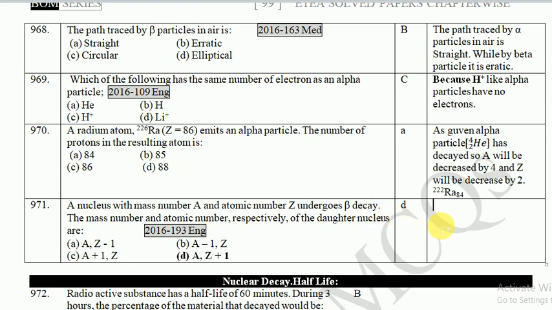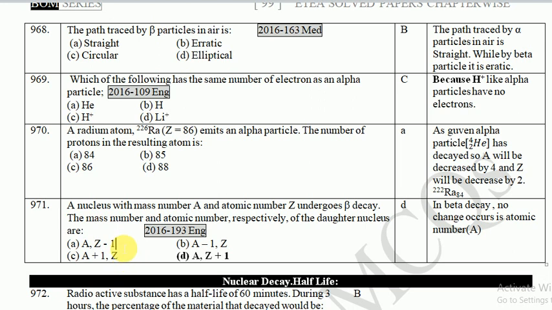We can see that in beta decay, no change occurs in the mass number A. So option A is correct for the mass number, and option D is for the atomic number.